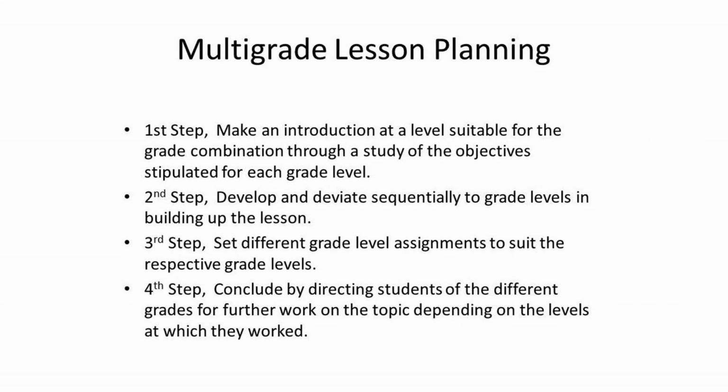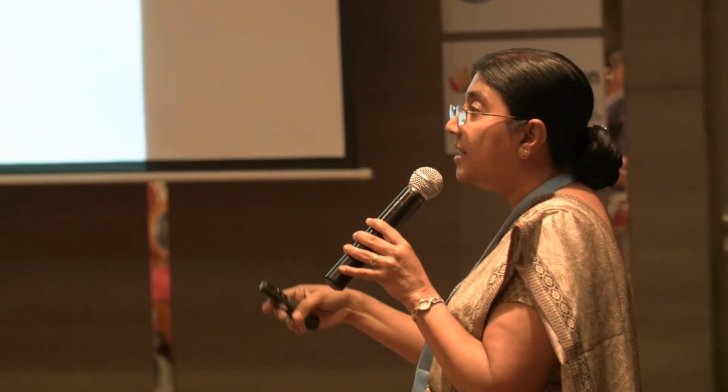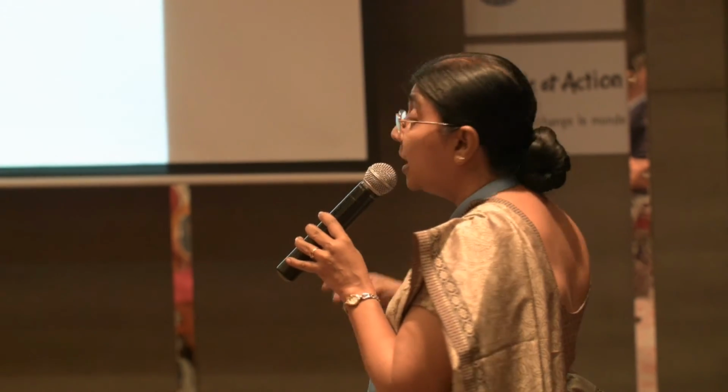So if you amalgamate grade 2 and 3, and then do addition, you make an introduction on addition, and then you start to work with the single grade groups, gradually deviating from the common introduction. And then we developed a large number of assignments so that the teachers could use them in the respective grade levels.